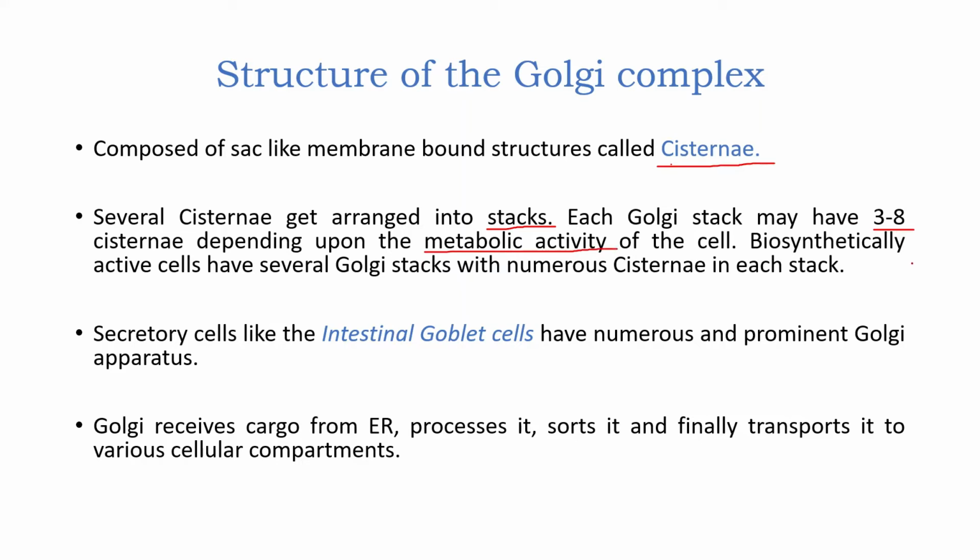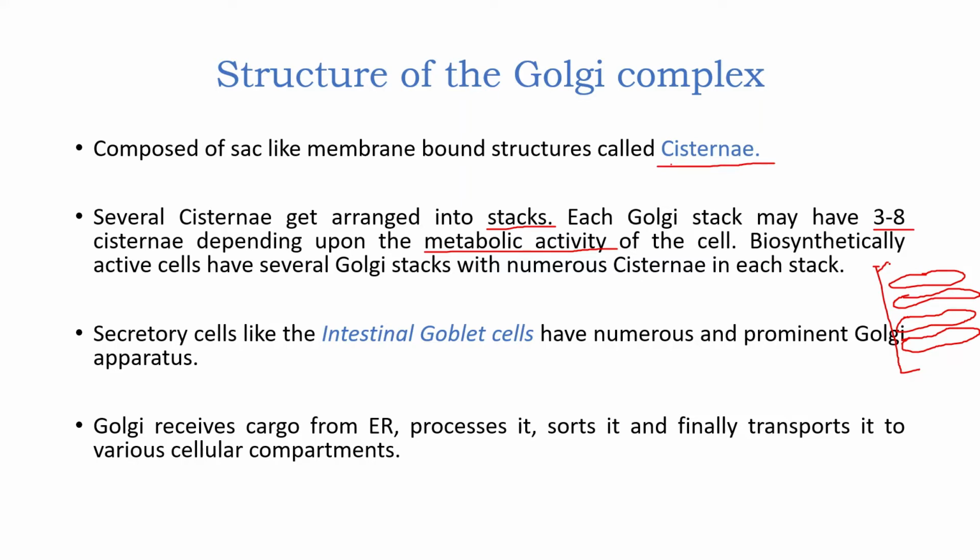So what do I mean by the metabolic activity of the cell? Firstly, this is one cisterna, this is another cisterna, and similarly several other cisternae are arranged parallel to each other. So a set of 3 to 8 cisternae forms what is called a stack. This is called a Golgi stack.